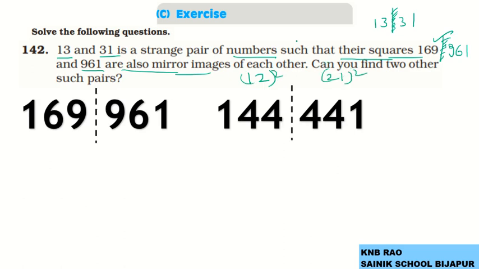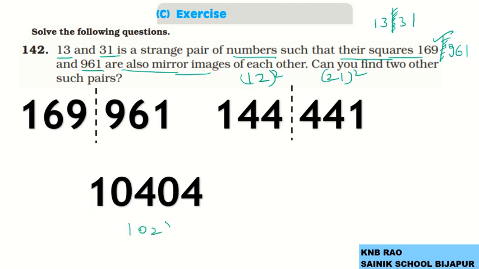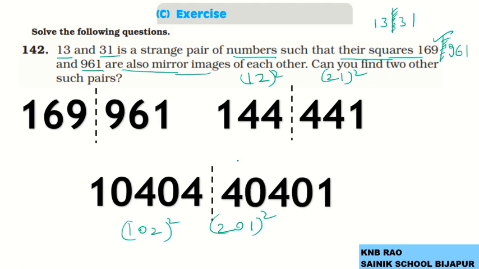Next, 10,404. You know what it is? It is the square of 102. So 201's square also similarly you will have, as a mirror image. Okay children, this is how we can find two more.